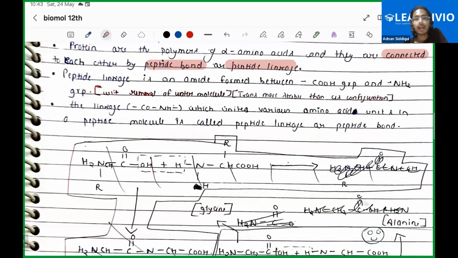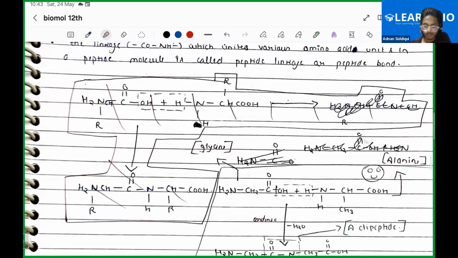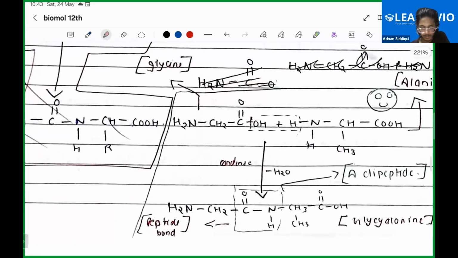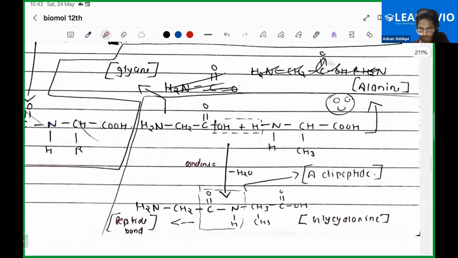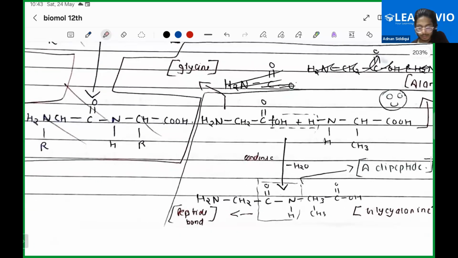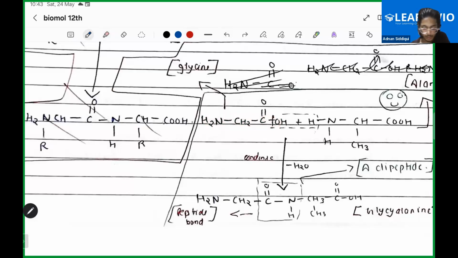A peptide linkage is an amide formed between these two groups with the removal of an H2O molecule, when connecting amino acid units. Let us take the example directly. See, this is an alpha amino acid. Why is this an alpha amino acid? Because at the alpha position we have an amino group.